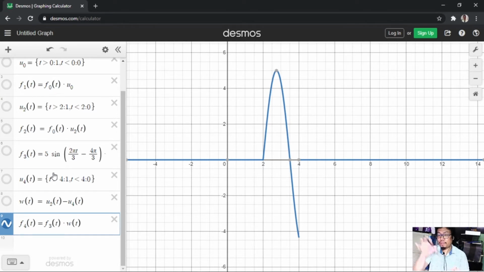It jumps from one value to another value, and your function may be defined differently at a certain interval. Say for example, for t equals 0 up to t equals 1, your function is defined as a linear function. And then from t equals 1 up to t equals 2, your function is defined as a parabolic function. And then at some point, there's a jump in between. So those are what we consider a piecewise function.